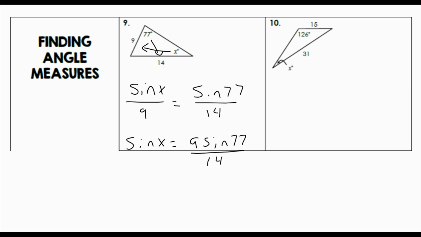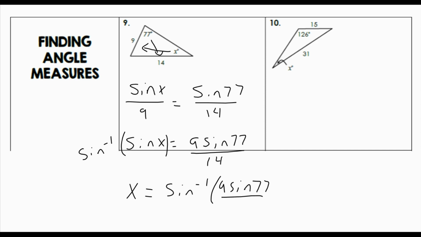To get rid of the sine, I'm going to take the sine inverse. So x is equal to sine inverse of 9 sine 77 divided by 14. Now, when I plug this into my calculator, I'll get an angle measure of 38.8 degrees.